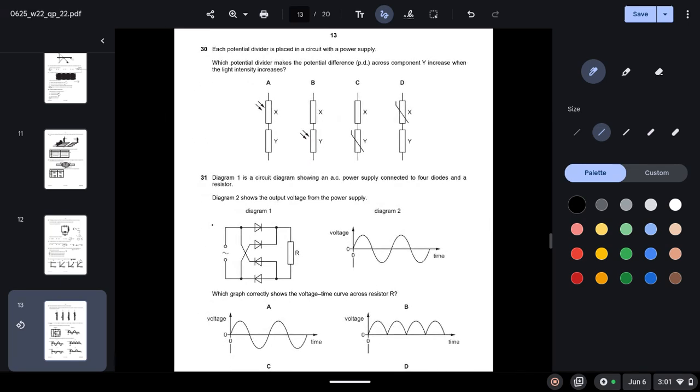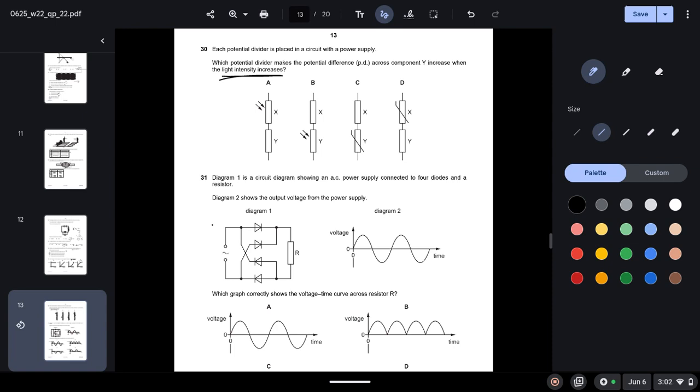Each potential divider is placed in a circuit with a power supply. Which potential divider makes the potential difference across component Y increase when the light intensity increases? So light intensity is related with the light dependent resistor. So it can either be option A or B, because options A and B show light dependent resistors.